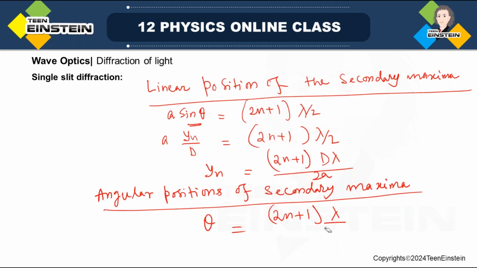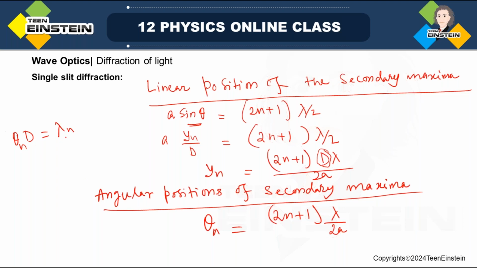Just remember a trick. What is the relation between the linear and angular positions? If you remember only one, the other can be remembered. This d is the only thing which is not there here; other things are all equal. That means if you know the angular position, multiplied by d, this will give you the linear position.